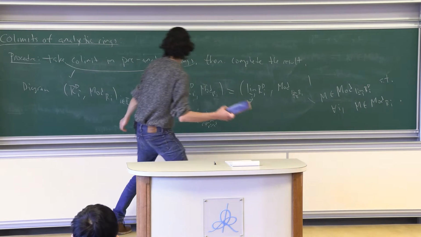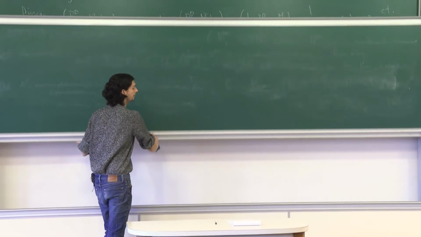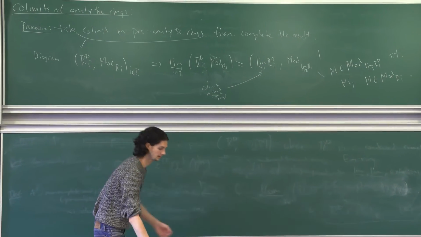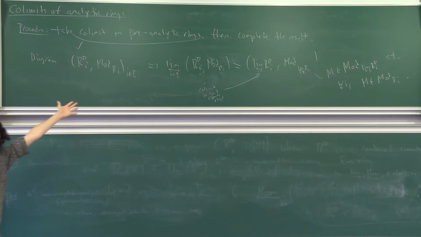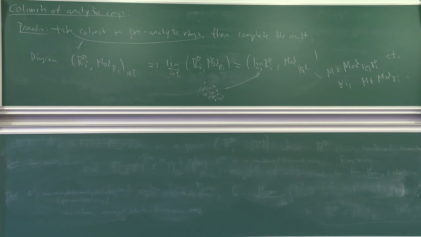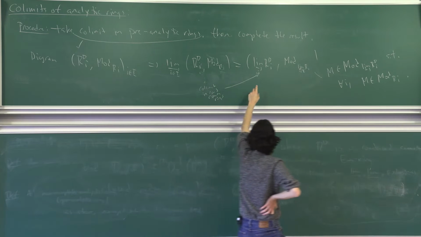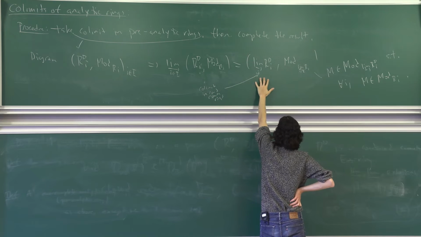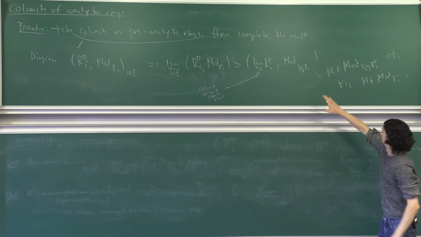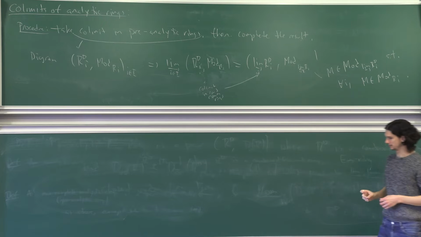So it's quite straightforward from the definition of the category of analytic rings to see that this is the way to calculate colimits. By definition, a map was a map of rings satisfying a certain property. So you certainly want to put the colimit of the rings here, and then this definition here is just tailored so that you have the correct property there.